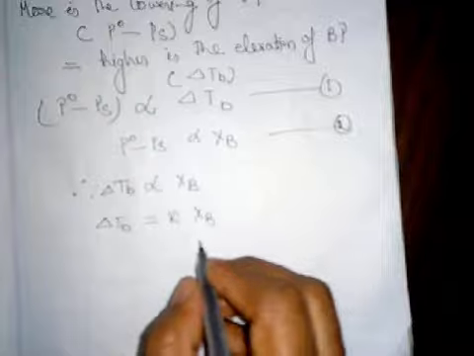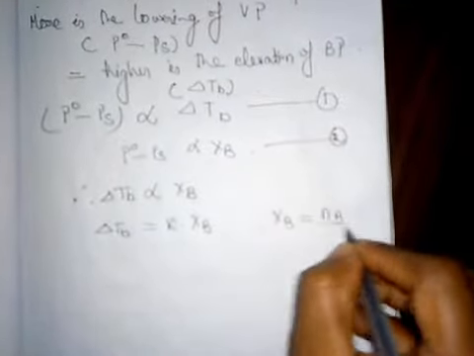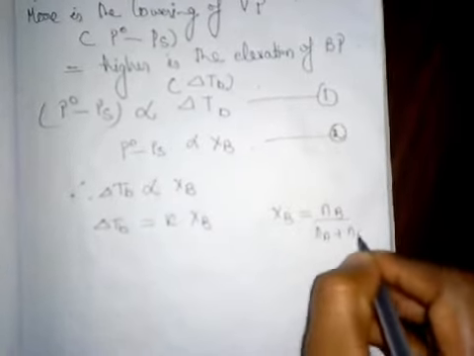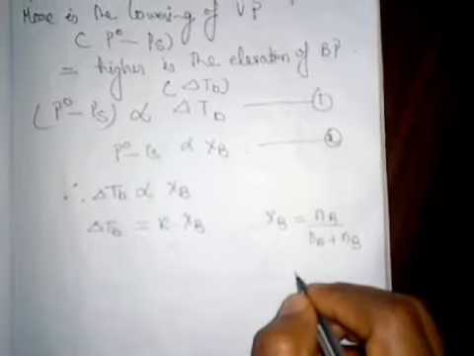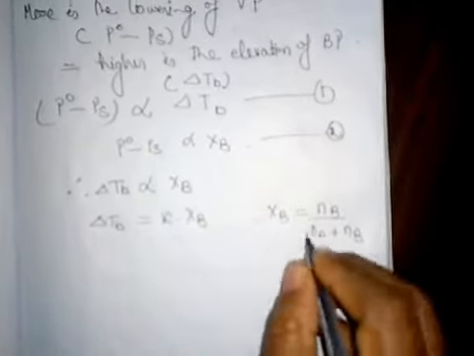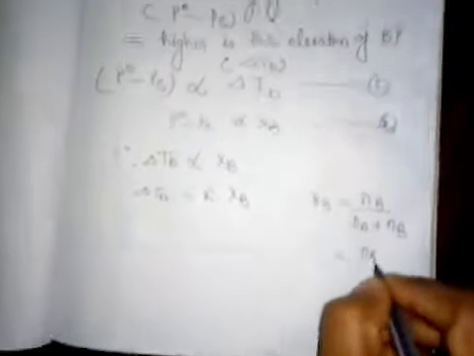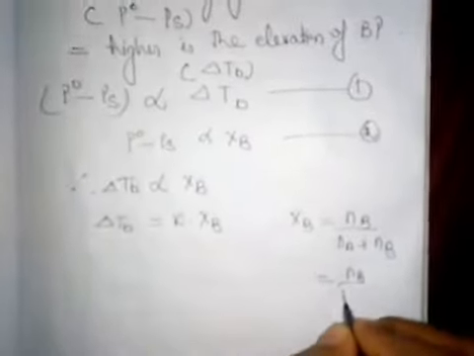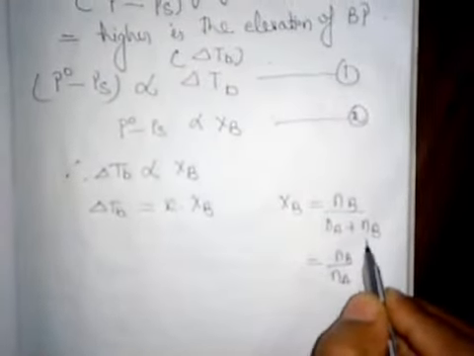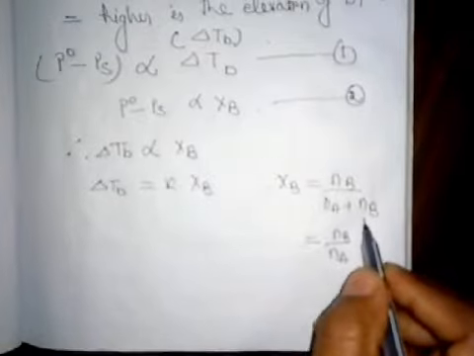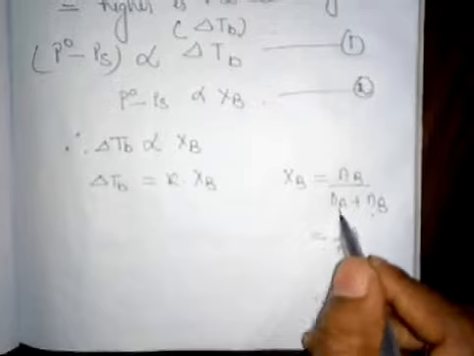But Xb is equal to Nb by Na plus Nb. Or when we consider a dilute solution, this is equal to Nb by Na, where the number of moles of solute can be neglected with respect to the number of moles of solvent in the denominator.